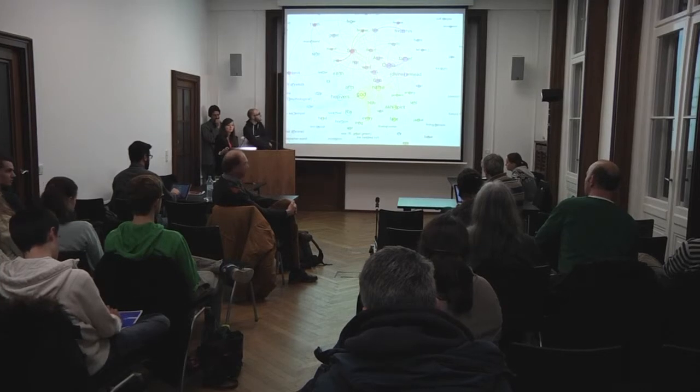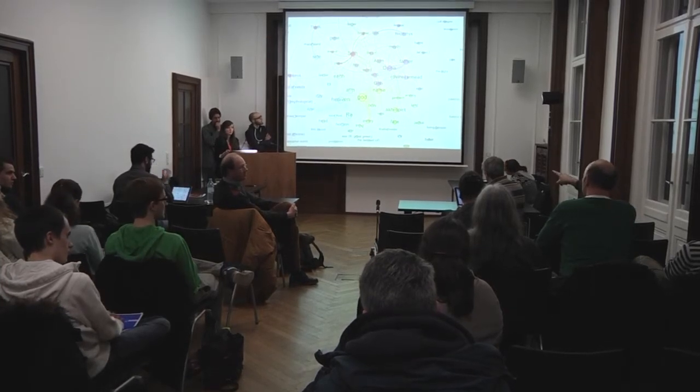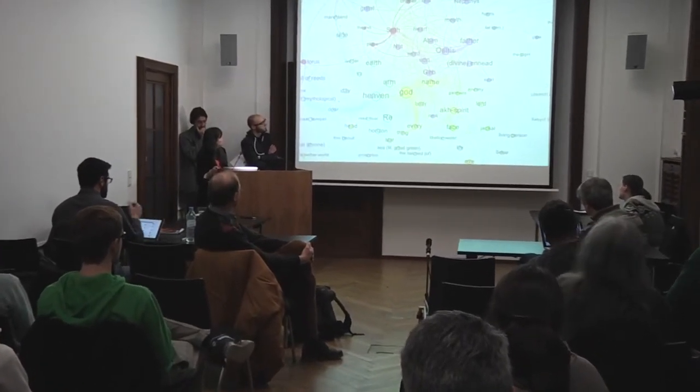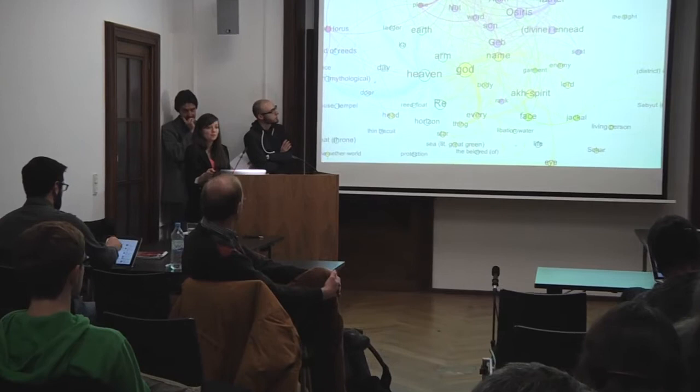And the second question is, there's a specific relation between heaven and Re, and I think this is not only in all texts belonging to Re, but a very general Egyptian relation. So do we need a corrective, all Egyptian words in a network, to see what is statistically significant?